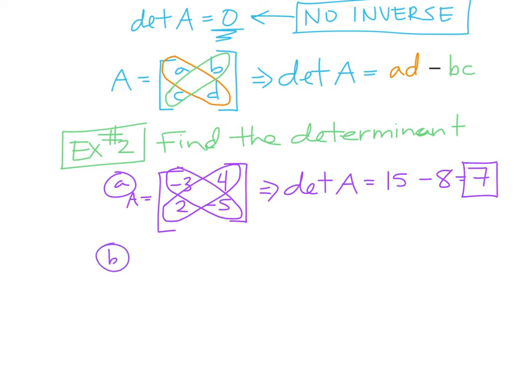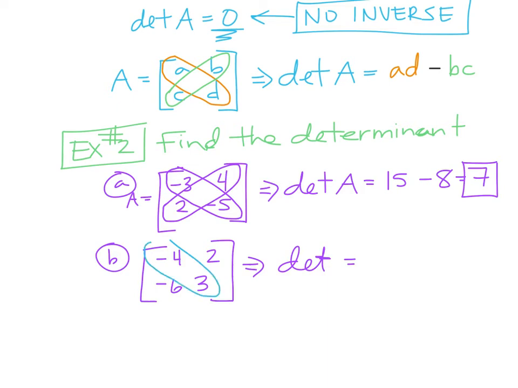All right, how about this one? If I go -4, 2, -6, and 3. Okay, if I want the determinant of this, we'll just not put a letter this time because I didn't put a letter out in front. If I want the determinant, again, I'm going to do this, which is -12, minus this.